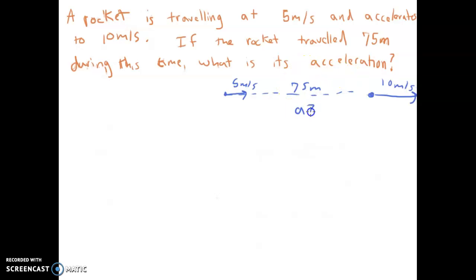We're looking for acceleration. So let's go ahead and do our GUESS method. That's how we're going to do every problem. And it should be becoming more and more clear why, right? Because I've got my initial velocity is 5 meters per second, right?